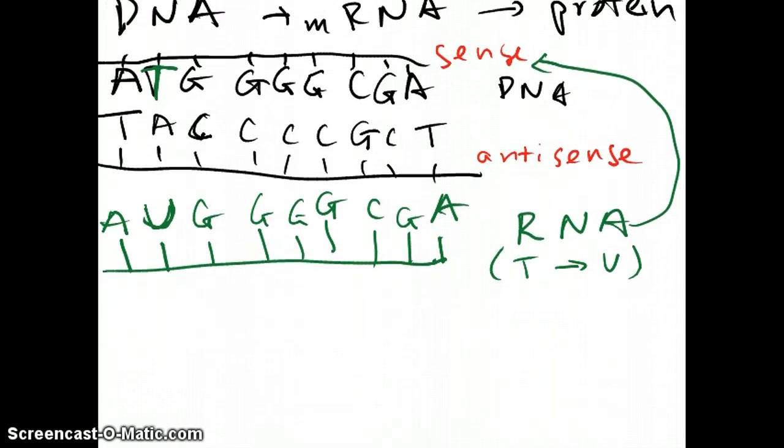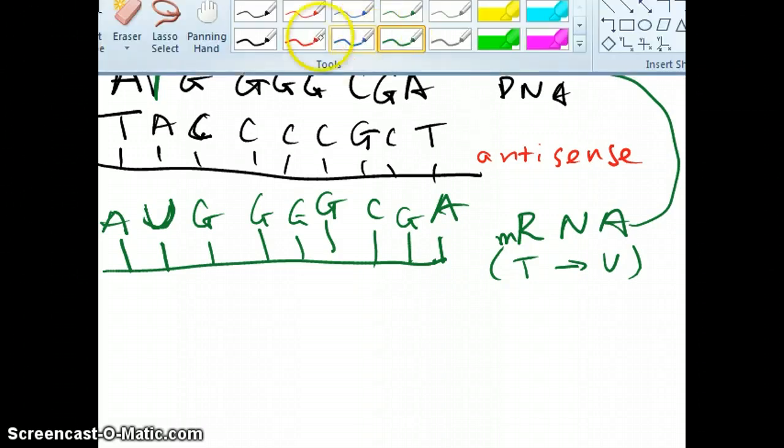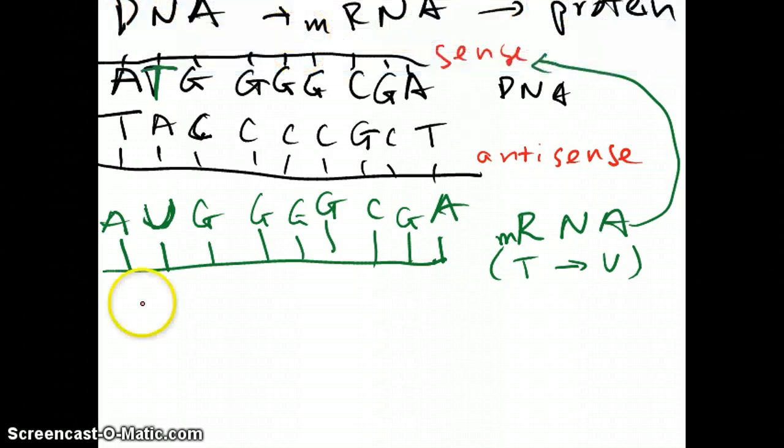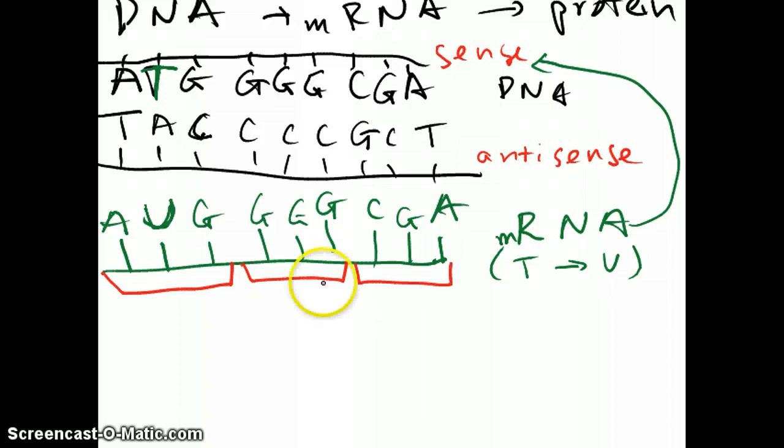Now, when this RNA, or to be specific the mRNA, is sent to the ribosome to make protein, that is when we use three bases at a time, which we call a codon, to read this and translate it into protein. So each three bases is called a codon.